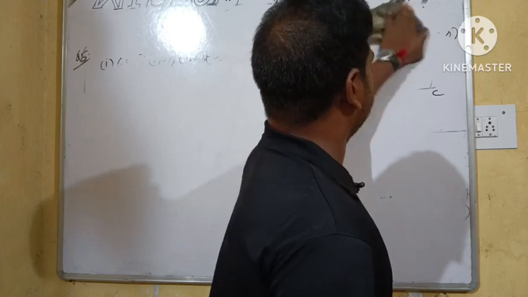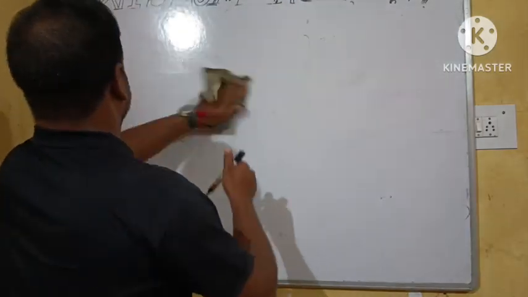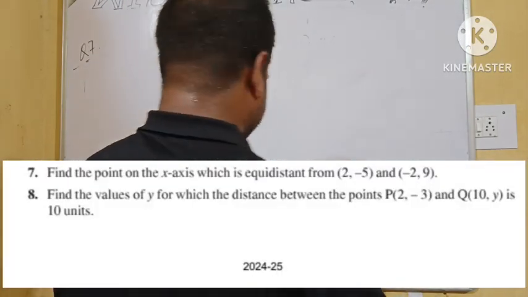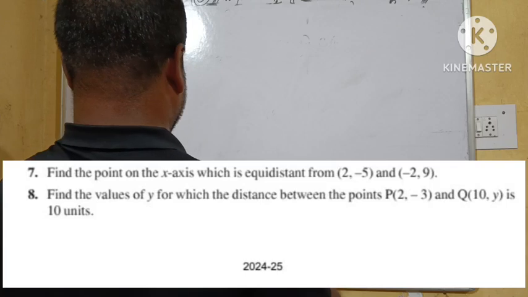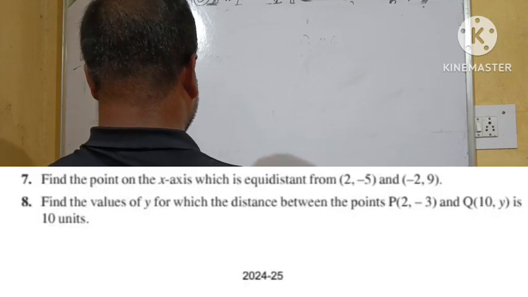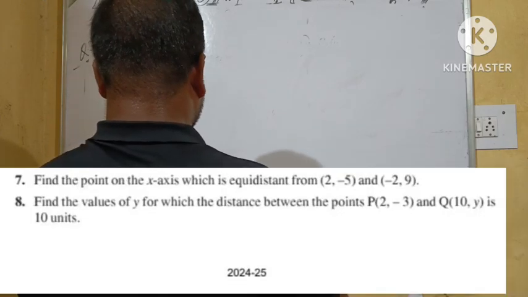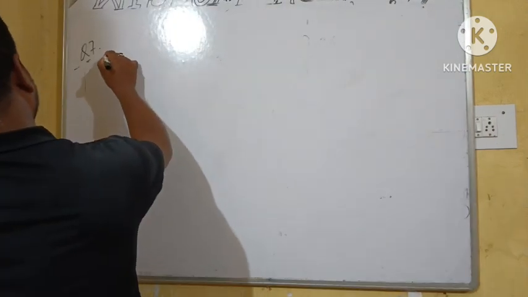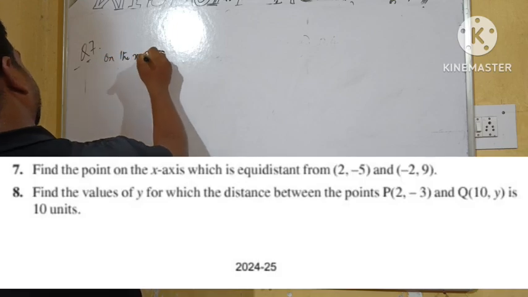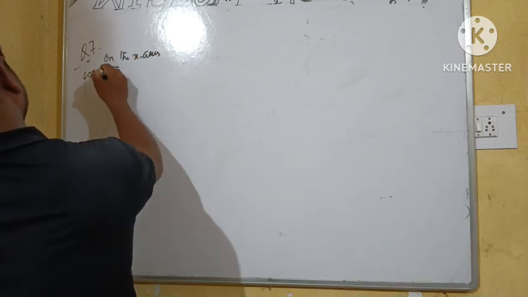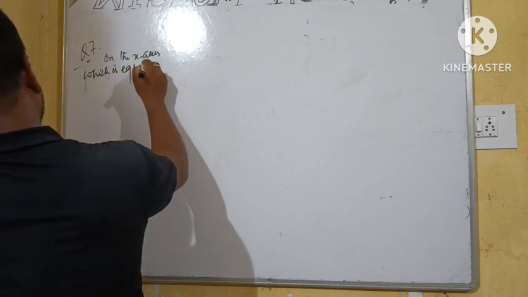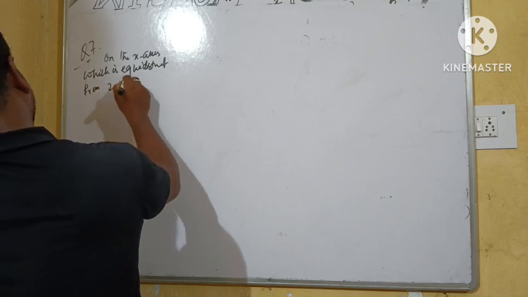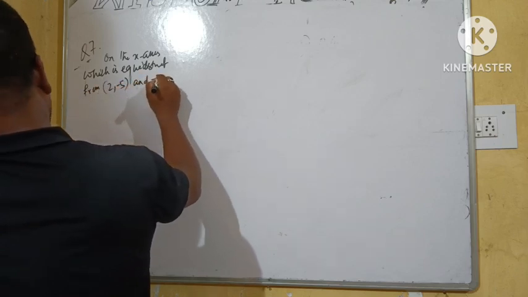Okay. Question number 7. Find the point on the x-axis which is equidistant from (2, -5) and (-2, 9).